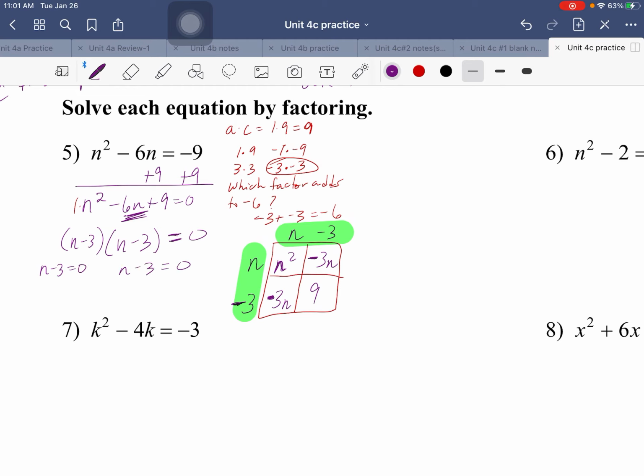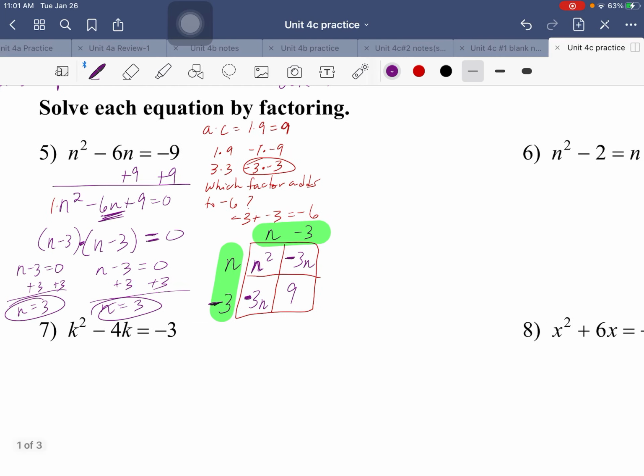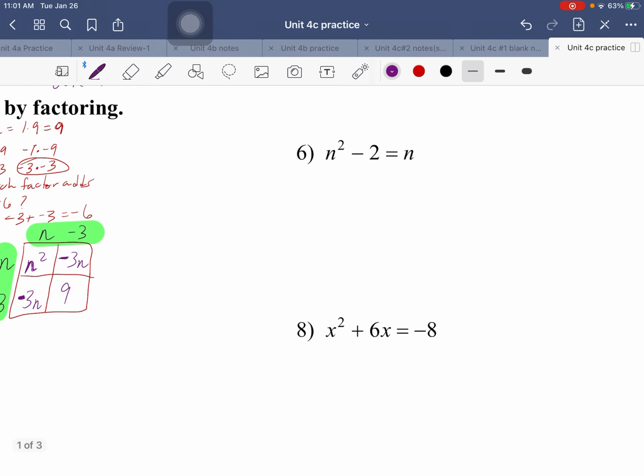Because it equals 0, and with multiplication, if one of the factors equals 0, then everything is 0, since 0 times anything is 0. So we solve these. If you substitute n equals 3, you would get 0. So n equals 3 would be a double. Those are two of them, and that would be the solution.